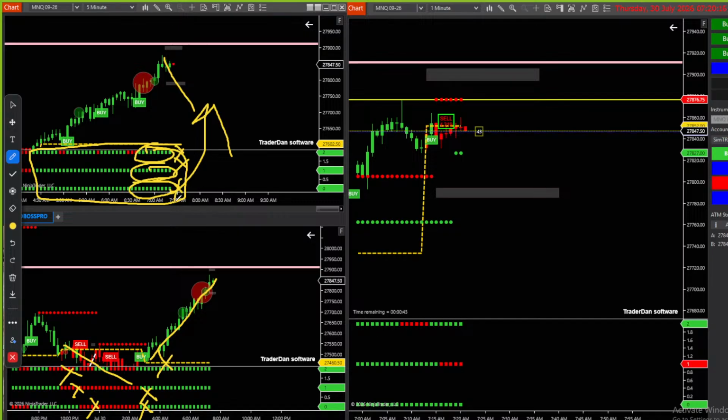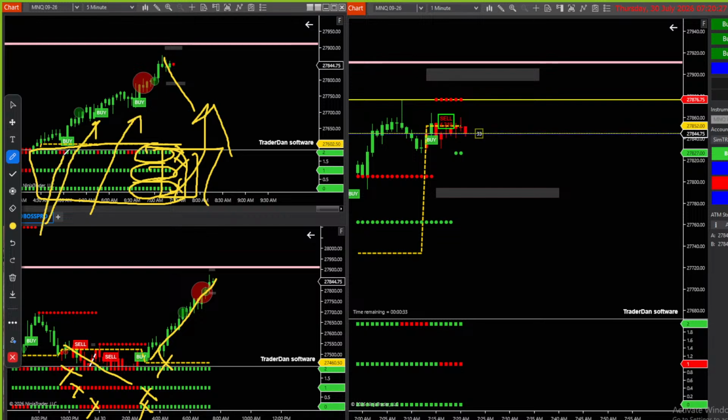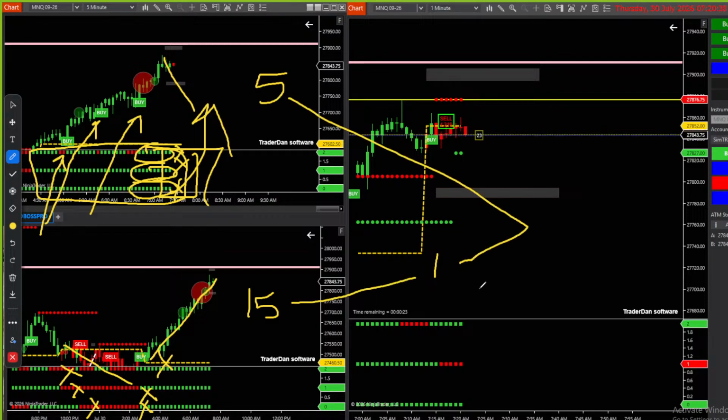But when you get into the third, that may be a change of direction or a reversal. But you're going to get these signals on the 5-minute as well that are telling you when to buy. So when you get a 5-minute signal, a 15-minute signal, and a 1-minute signal, those 3 indicate a very high percentage win rate.